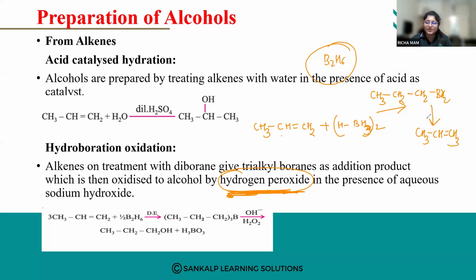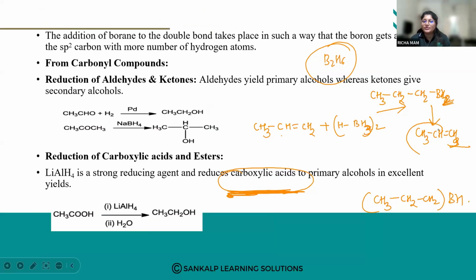Again, one of the hydrogens here will be replaced by your BH2 group. So I'm going to get CH3 CH2 CH2 BH. One hydrogen is completely replaced by this group. Further again, I'm going to add one molecule of propene.